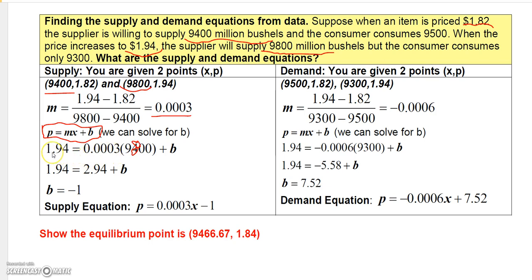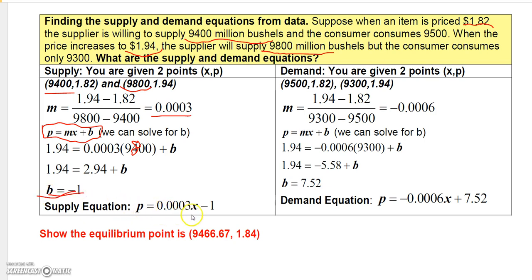So anyway, I plug in $1.94, and then here I plug in 9,800 for the x value. And then if you solve this, 0.003 times 9,800 is 2.94. And then if you subtract 2.94 from both sides, you'll get b equals -1. So the b value is actually -1.